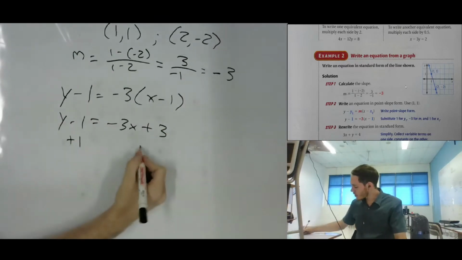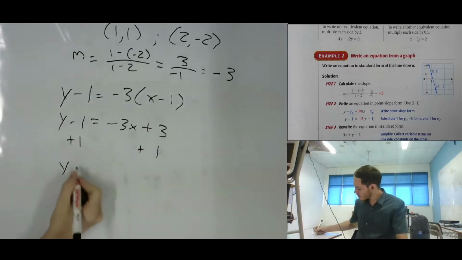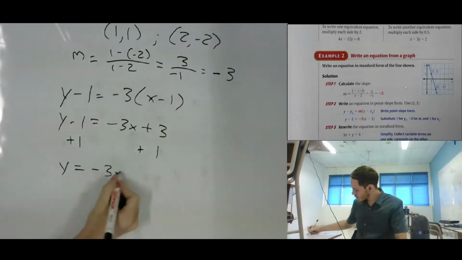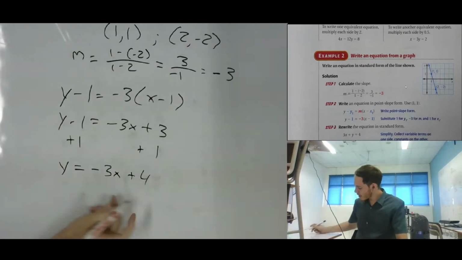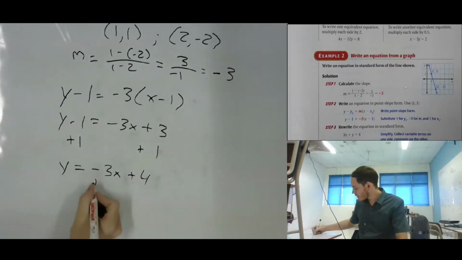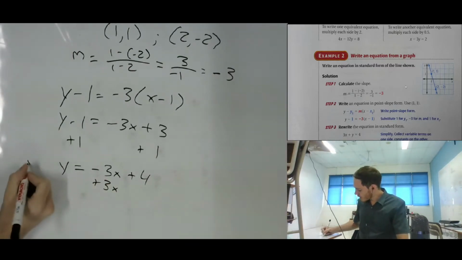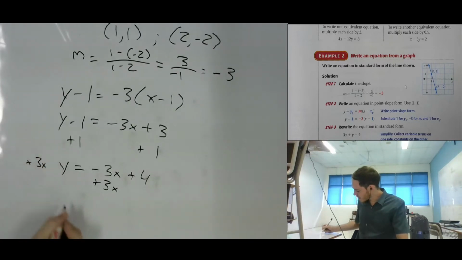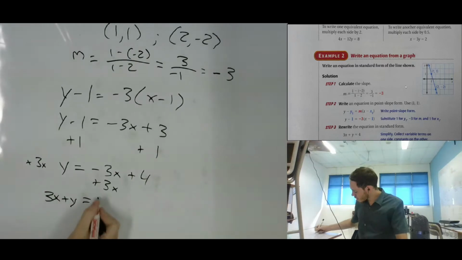We're going to get our 1 over there, and we're going to move over our variables. So all our variables are going to be on one side. So we're going to add 3x to this side. So we get 3x plus y equals 4.